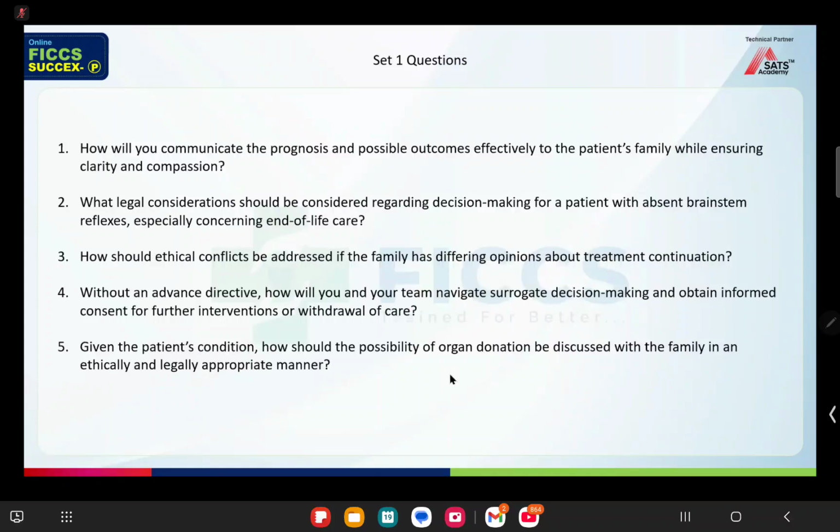What legal considerations should be considered regarding decision making for a patient with absent brainstem reflexes, especially concerning end of life care? The legal considerations regarding decision making for absent brainstem reflexes.